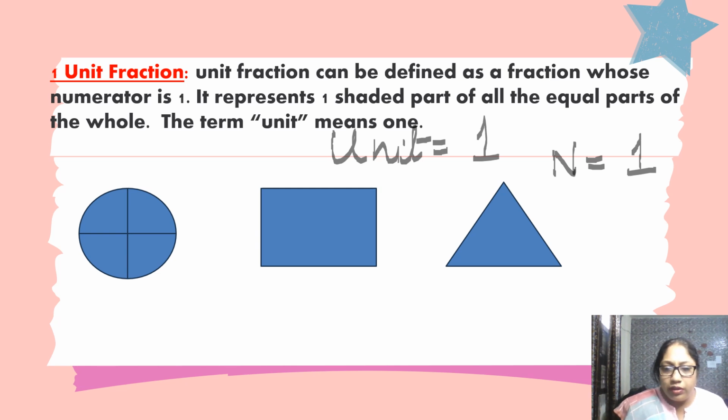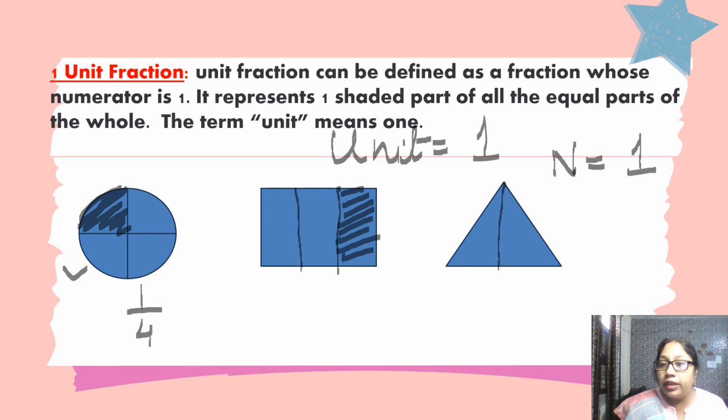So we will do some examples. In this circle, I am shading only one part. That means it is showing 1 out of 4. In this rectangle, I am shading one part. It is showing 1 out of 3.